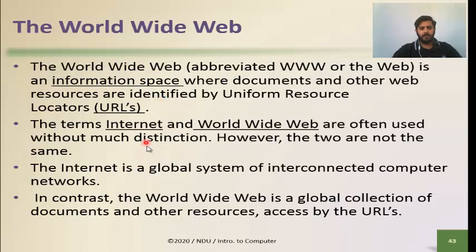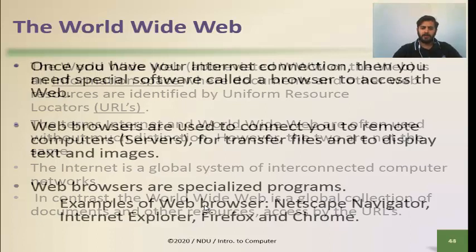The internet is a collection of networks together, but the World Wide Web is a collection of electronic documents. All the electronic documents are hosted on one particular device, which is a server. So they have different ideas.